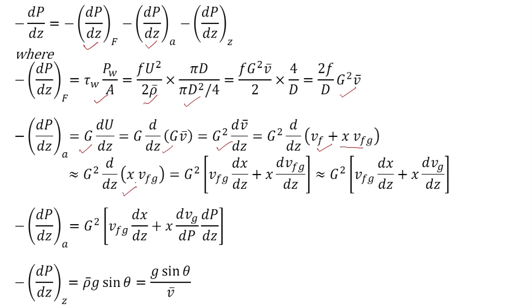So, we get this, and then we differentiate, and we get Vfg dx by dz plus x dVfg by dz. Here we have assumed Vf is approximately constant.